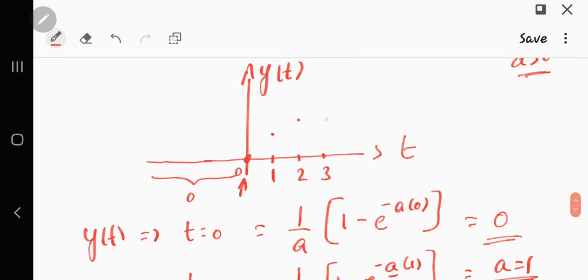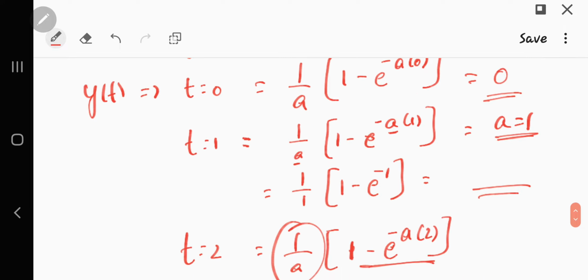For 2 it is somewhere here, so it will just keep on increasing exponentially, because this is an exponential signal. It will keep on growing exponentially, and what is the value each time? The amplitude of this will be, at any point here also, it is 1 by a only, because whatever the value you take, depending on that only it will be taking the amplitude value. So at this point also it will be depending on 1 by a, and this point also the amplitude will be the same. So the signal will keep on growing exponentially.